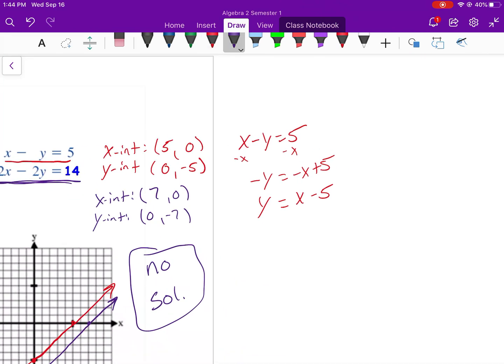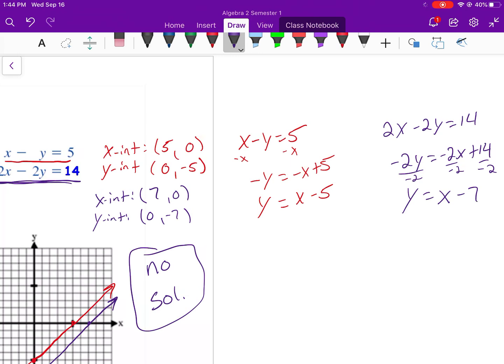And then our purple equation, negative 2y equals negative 2x plus 14. Dividing everything by negative 2, we get y equals x minus 7.